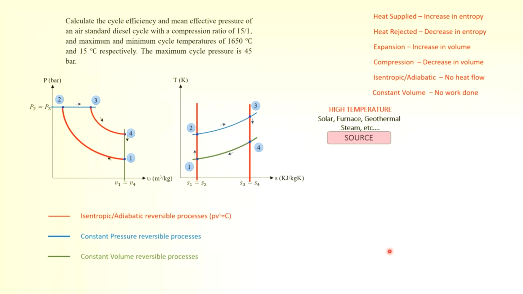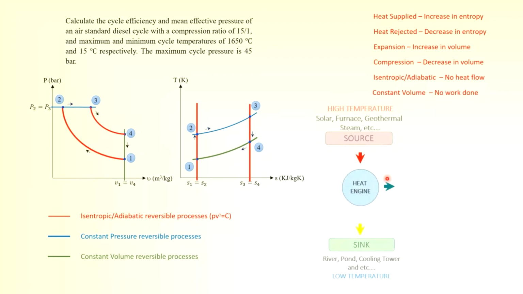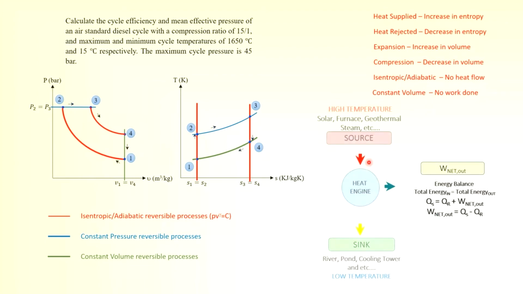Okay, so as a reminder from the heat engine cycle that we have drawn earlier, basically from the energy balance of the heat engine, we got net work out equals heat supplied minus heat rejected. The net work out can also be referred to as work out minus work in.